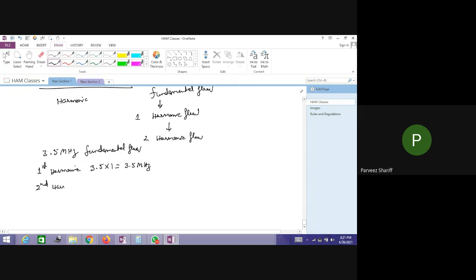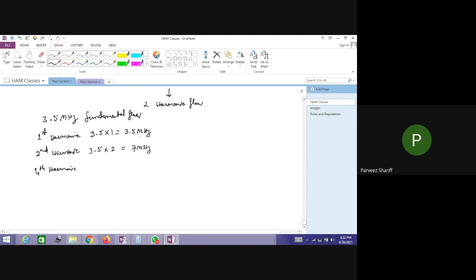The second harmonic is 3.5 into 2, which is 7 megahertz. The fourth harmonic, 3.5 into 4, is 14 megahertz. The third harmonic would be 10.5 megahertz, which is not of interest.